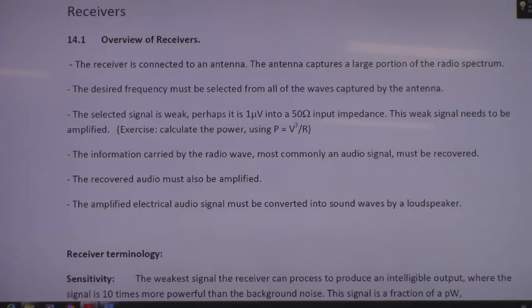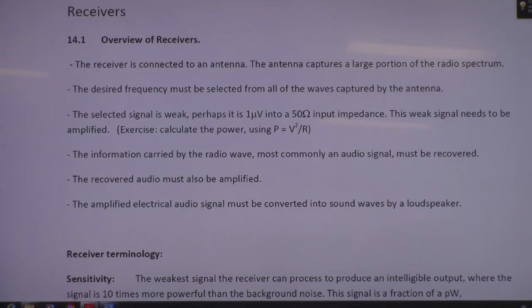So that's how the receiver is connected to the antenna. This is a small antenna, so it would capture UHF frequencies really well, but immersed in space, transmissions coming from all around would produce radio frequency voltages in this antenna.